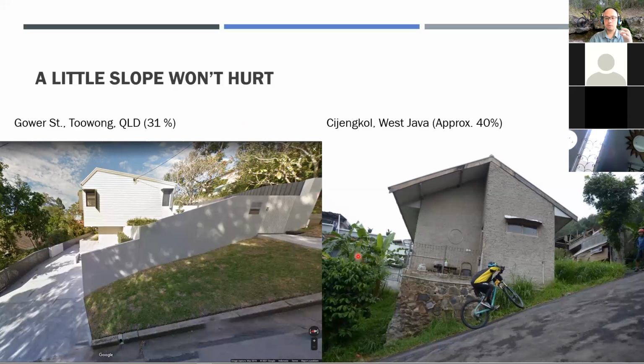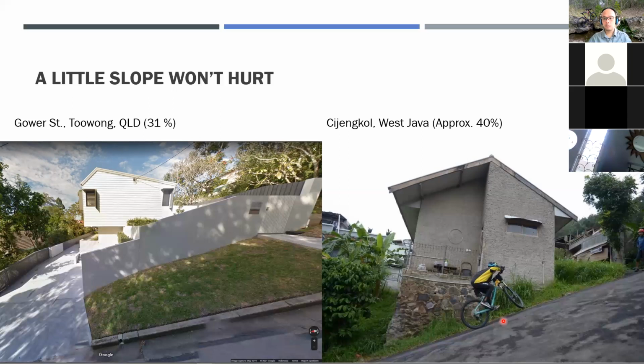And then we have another slope which has gone viral over the last few months, I reckon, in West Java, and I'm not sure of the exact value, but some people have predicted that it's approximately 40%. It's a 40% slope, so that's very steep.